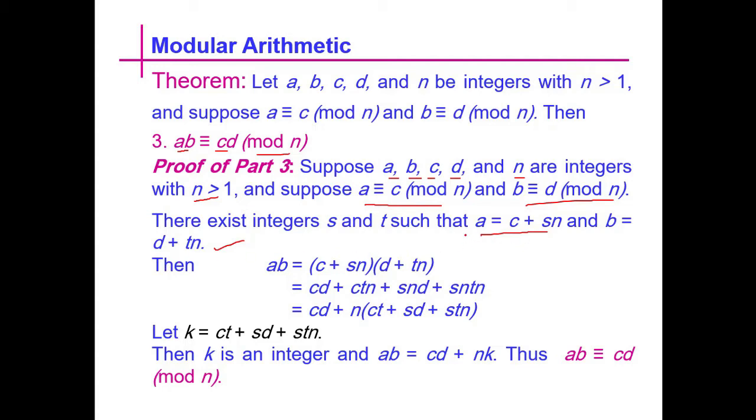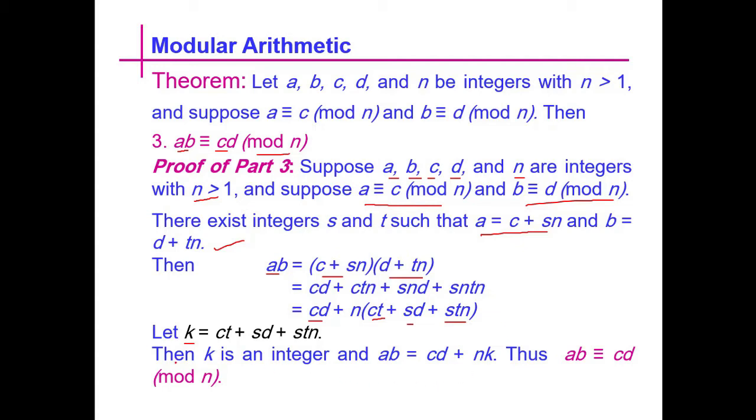Then after multiplying the above equations, we get ab on the left hand side, and on the right hand side, after multiplying these two brackets, we will get cd plus n times (ct plus sd plus stn), and since we know that these all are integers and sums and products of integers are integers, the whole bracket will be an integer and we let that integer be k.